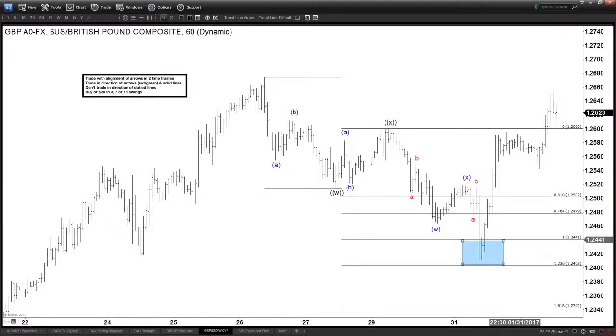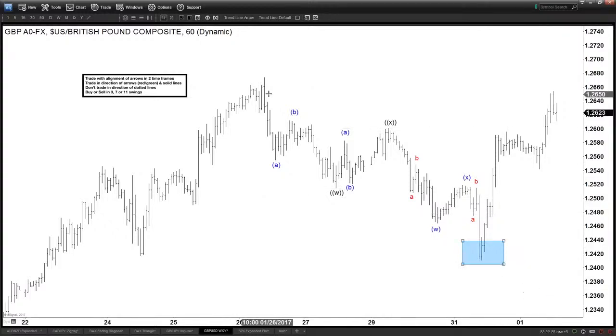Okay, and now you notice here the W in black. I think this is a minuet degree. Okay, you notice here what is the subdivision here? This is a zigzag, right? An ABC.